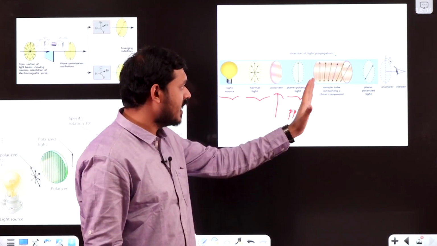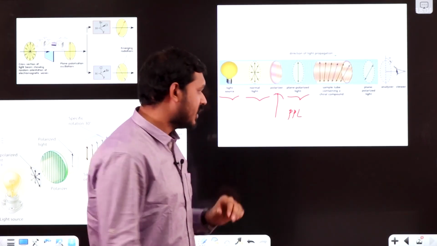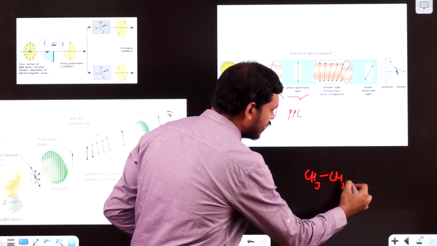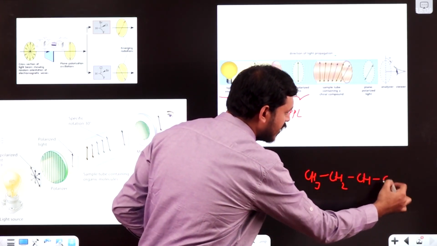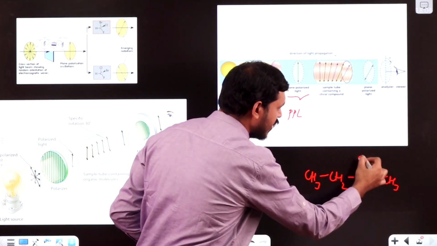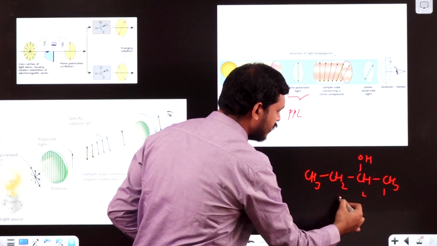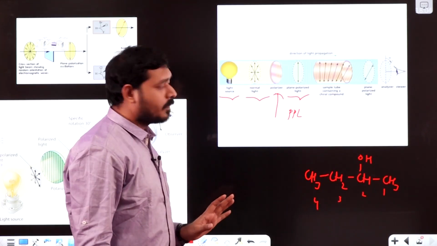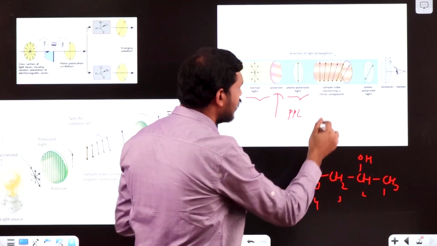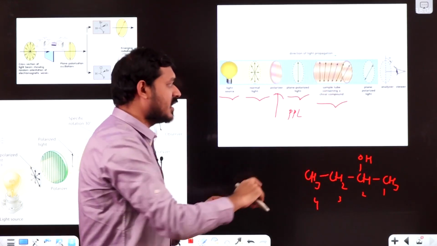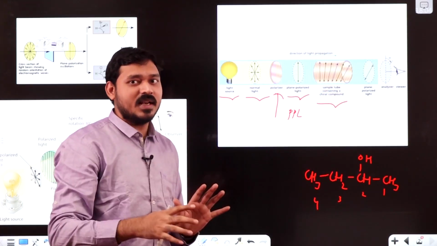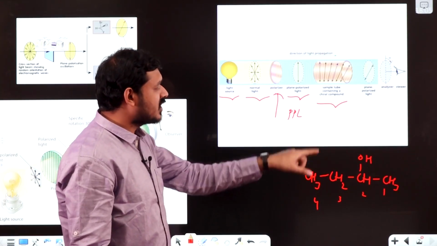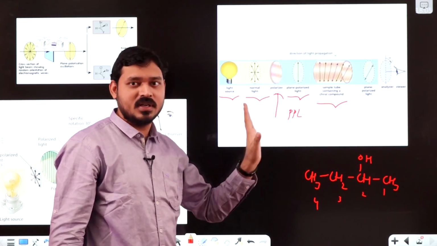Suppose I am keeping here 2-butanol, CH3, CH2, CH, CH3, this is OH. So this is your 1, 2, 3, 4. This is butan-2-ol, or 2-butanol. Once the compound is fixed, and it is optically active, the rotation caused by this compound will also be fixed, right?